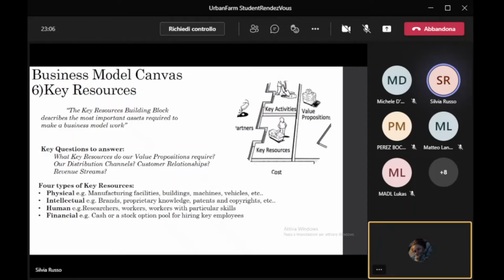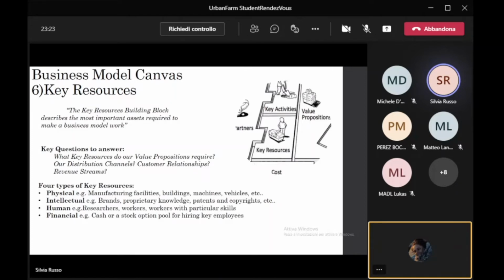Physical resources, when we are talking about, for example, buildings or machines. Intellectual resources, for example, brands or patents, and human resources, for example, a researcher or workers with particular skills, or workers in general. And financial resources, when we are talking about cash or a stock option pool for hiring key employees.